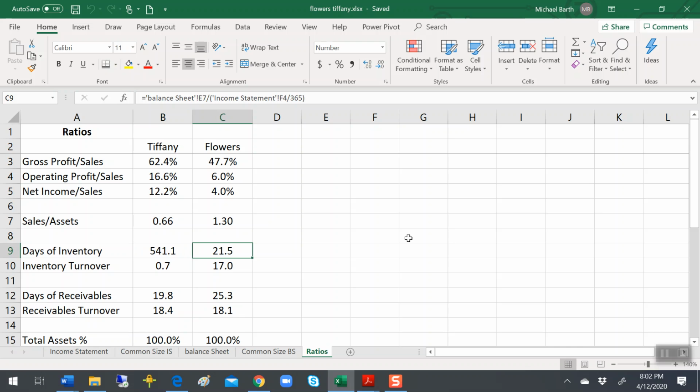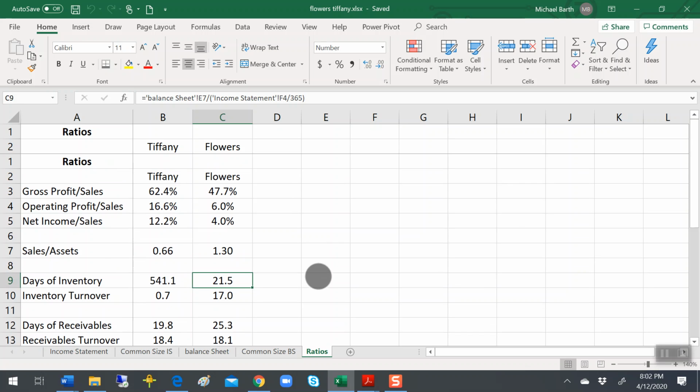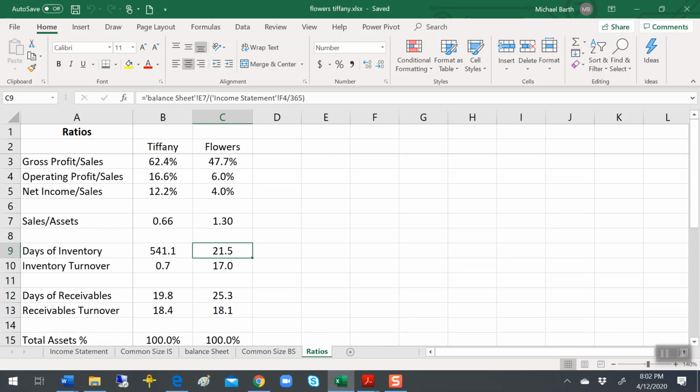All right, so different types of businesses have products that can sit on the shelf a very long time, and other types of businesses have products that better get off that shelf in a very short time or they're going to spoil. All right, so ratios don't tell you good or bad, they just tell you where to go look to try and figure out what's going on with a company.